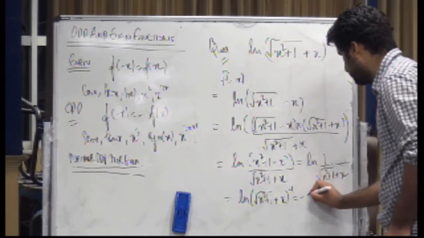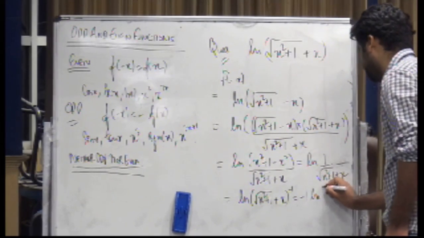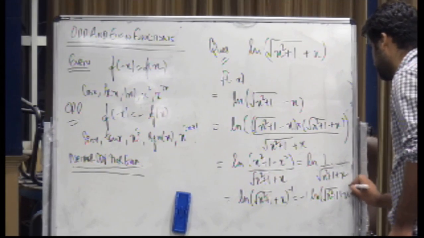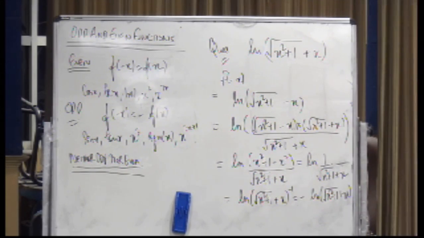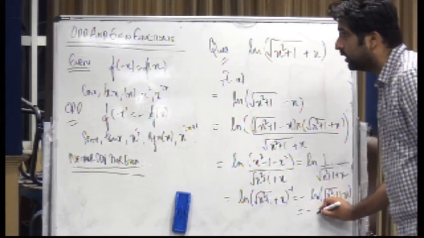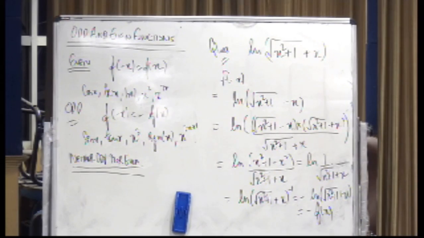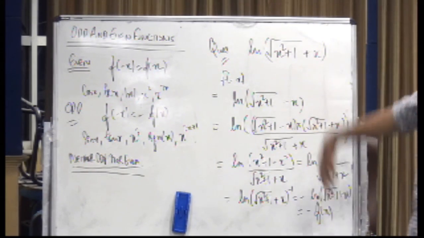This is equal to minus 1 times ln of root x square plus 1 plus x. So this is an odd function because f of minus x will be equal to minus f(x). Alright? Clear? So the rest of the things we'll discuss in the next class.